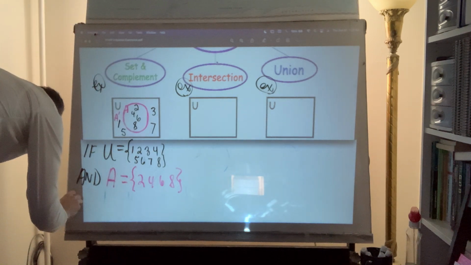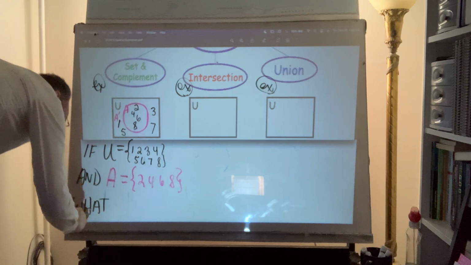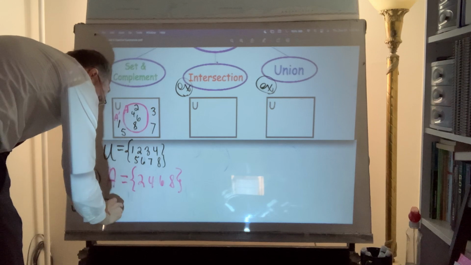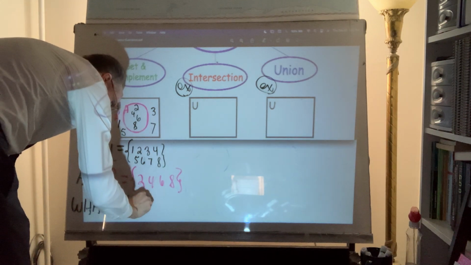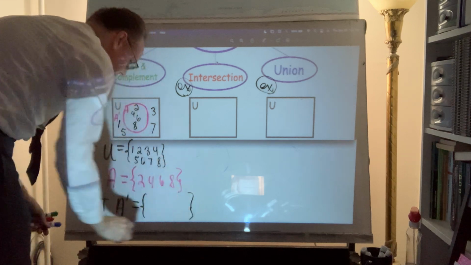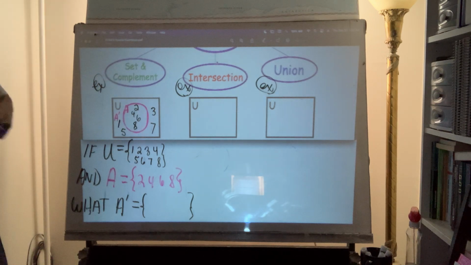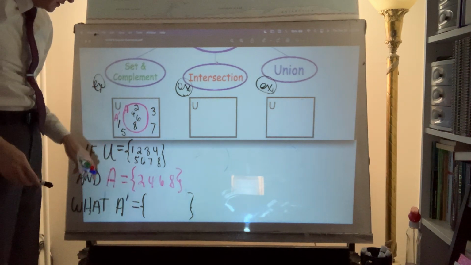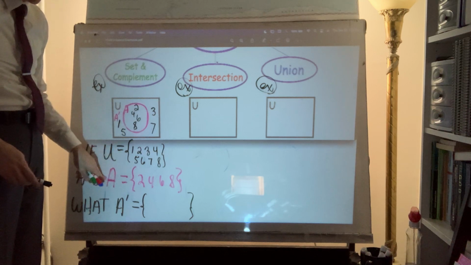What is A prime? A prime is how you would read A with a little tick mark next to it. In other words, what are the things in the universal set that are not A specifically?